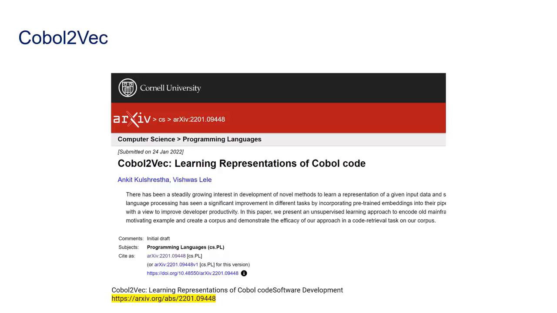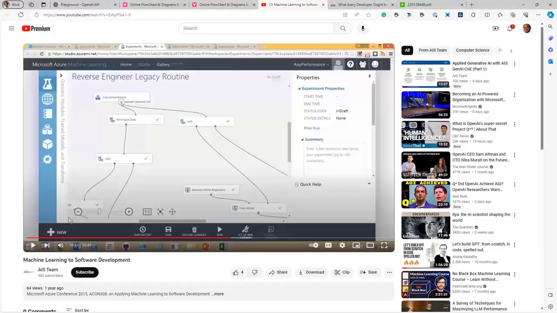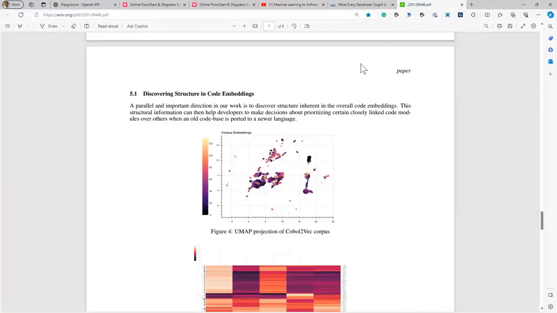So allow me to go to the paper here for a second. And I want to point out a diagram right here. So here's the paper. You can read this paper in its entirety. But you can see the diagram right here on this paper. What we did was we took these lines of COBOL code, 1 million lines of COBOL code, and then tried to create embeddings for this code and then plotted them in the diagram that you see on the screen here.